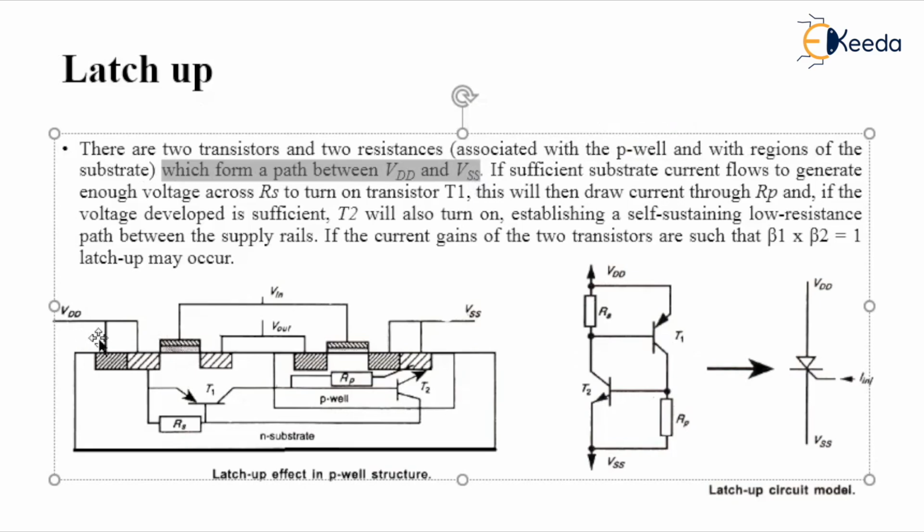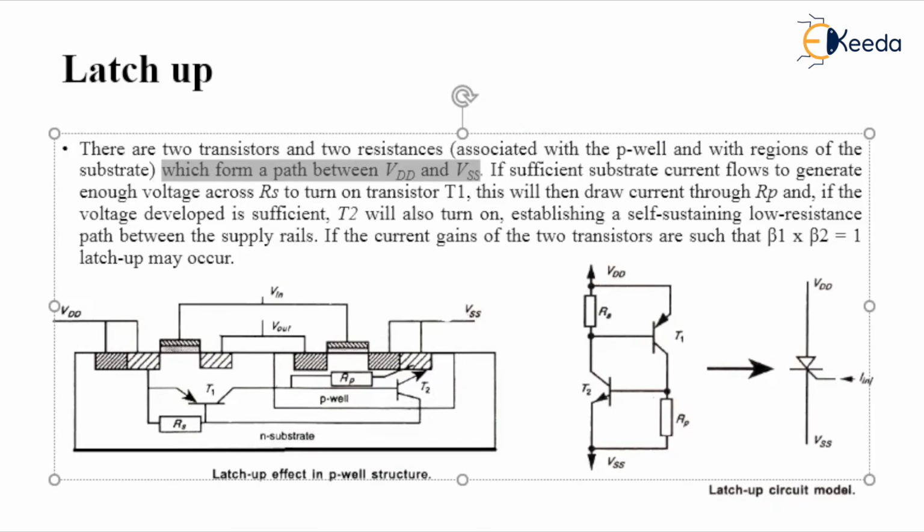It is forming a channel or path between VDD and VSS. So the current flows like this: VDD, T1, RS, next RP, T2, and VSS.